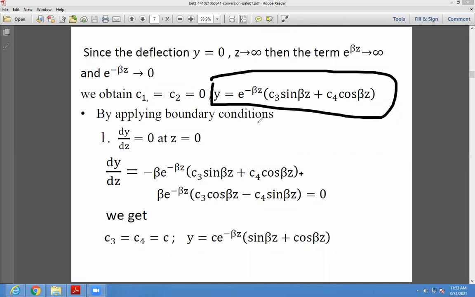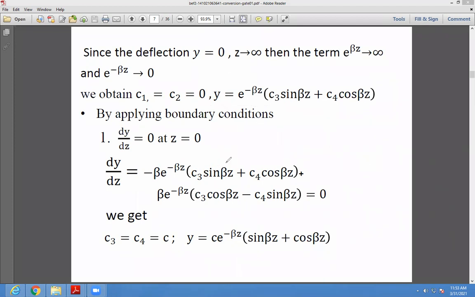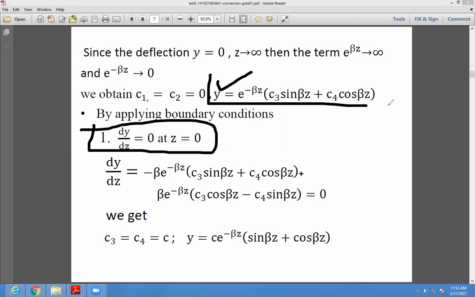Again, using the boundary conditions, the first boundary condition that we have to put is dy by dz equal to 0 at z equal to 0. So we have to differentiate this equation with respect to z. So dy by dz is equal to minus beta e raised to minus beta z, C3 sin beta z plus C4 cos beta z, plus beta e raised to minus beta z, C3 cos beta z minus C4 sin beta z, which is equal to 0.